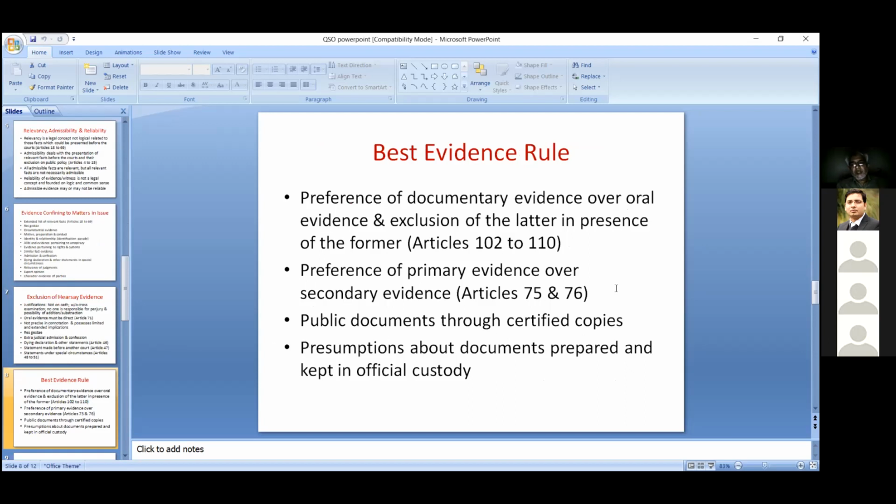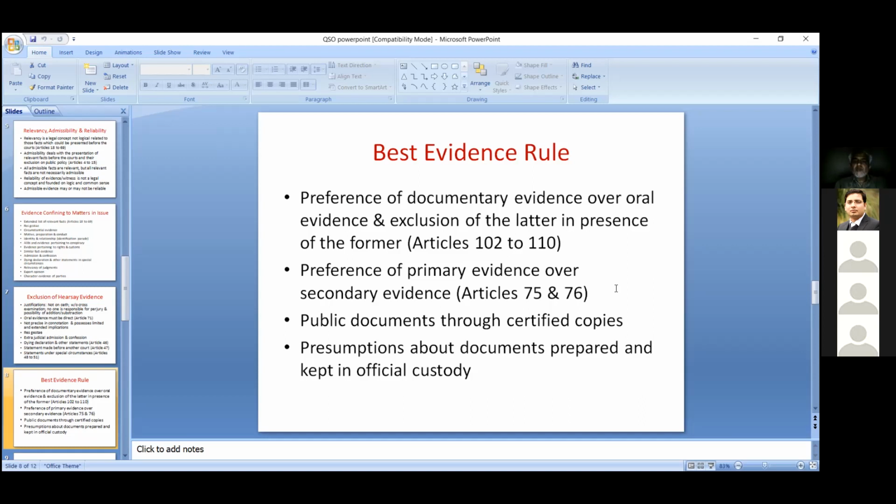The last principle on the basis of which the law of evidence is based is the best evidence rule, as we have mentioned earlier, that in one particular case we may have many kinds of evidence. Some pieces of evidence are good, some are better, some are best, and law requires that the best evidence must be presented.